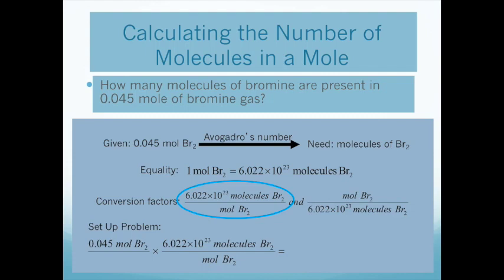So we have 0.045 moles of bromine times 6.022 times 10 to the 23rd molecules of bromine per mole of bromine. The moles cancel, and we are left with 2.7 times 10 to the 22nd molecules of bromine. So still a very large number of molecules, but notice that our number of moles was small enough that scientific notation was not needed.